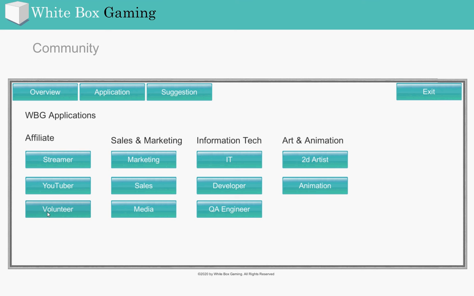Things like that. Things if you want to just volunteer your time to be like, hey, White Box Gaming, I really like you guys. I want to do something for you. Great. Fill out an application for a volunteer, which will ask you some simple questions like, what are your skills and so on, so we can kind of know where to put you, what we can suggest to you, or whatever, so we know your strengths and weaknesses.